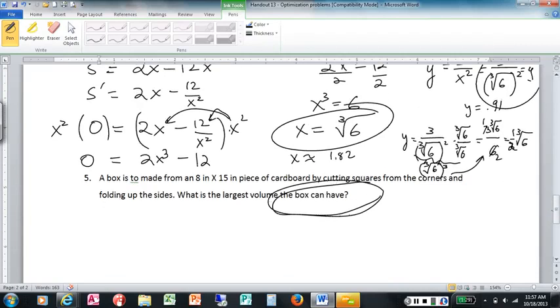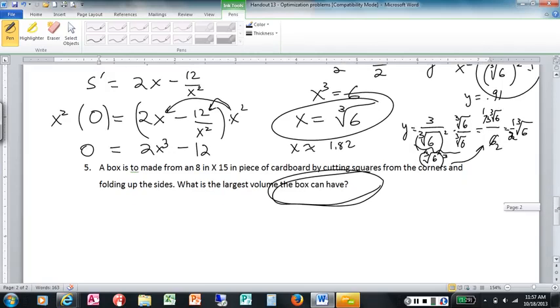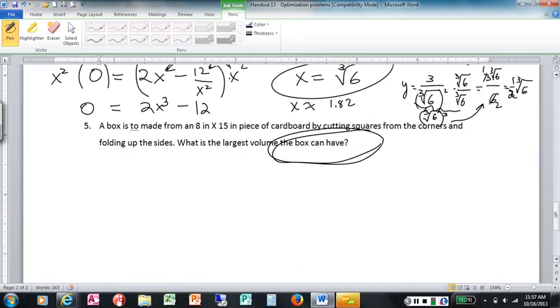Number 5. Any other questions on number 4? Number 5. Box is to be made. Did y'all say B? No? Okay. A box is to be made from an 8 by 15 piece of cardboard. All right, so we've got a rectangular piece of cardboard here.